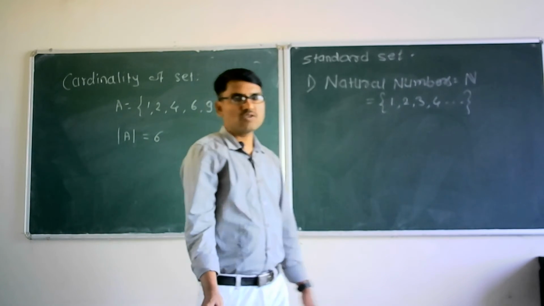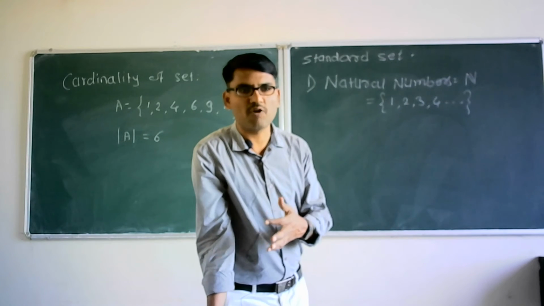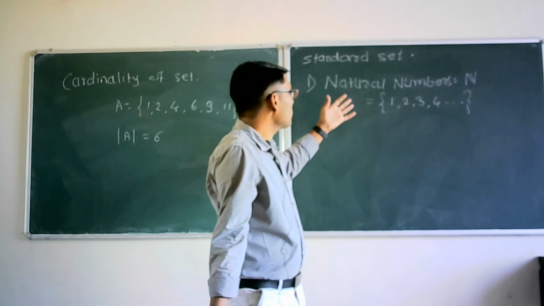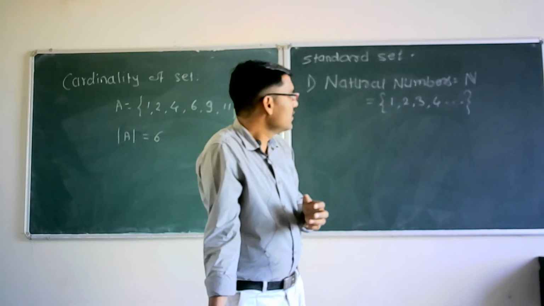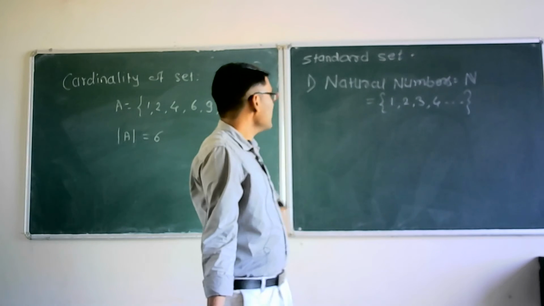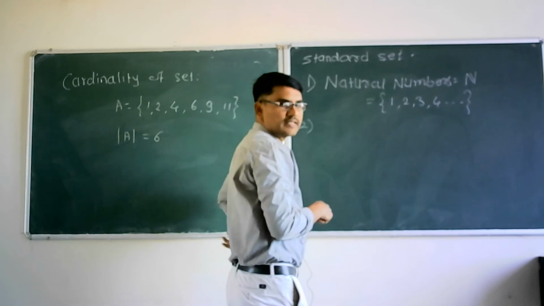This is also called the counting numbers, because we always start our counting from 1, 2, 3 like this. So these are called natural numbers. And this is an infinite set. This is also called the God-gifted set.